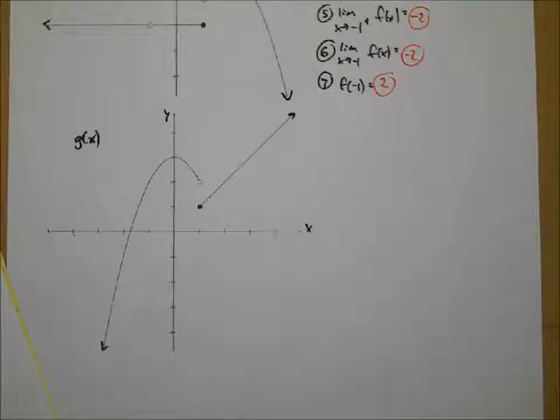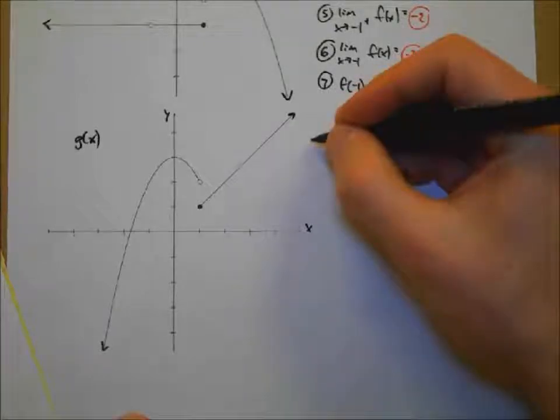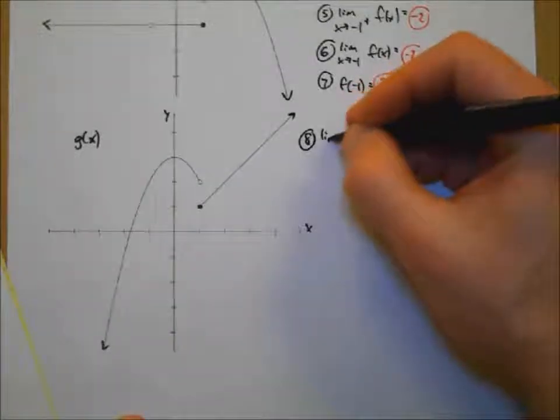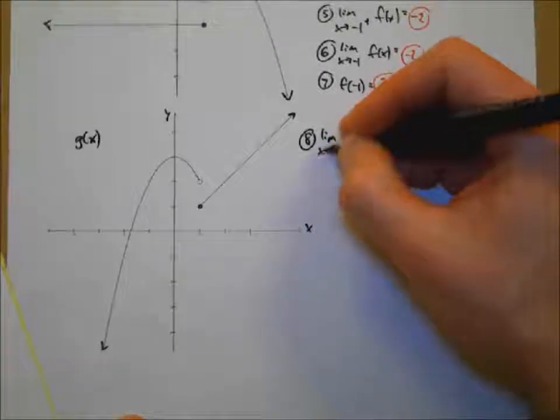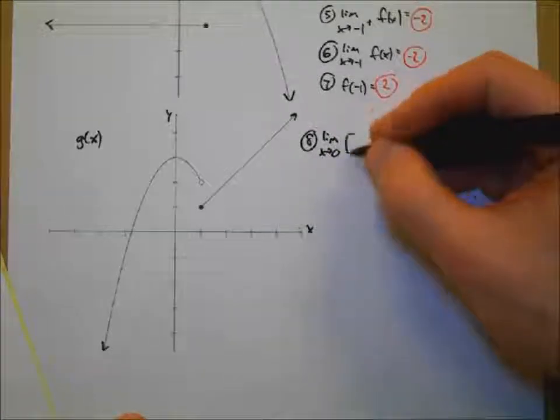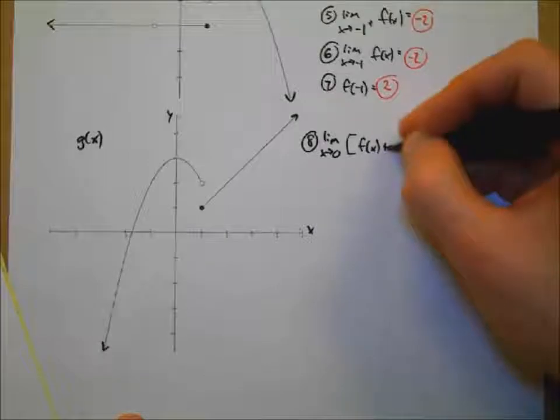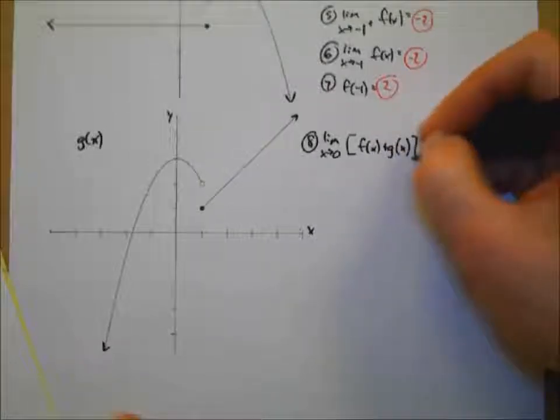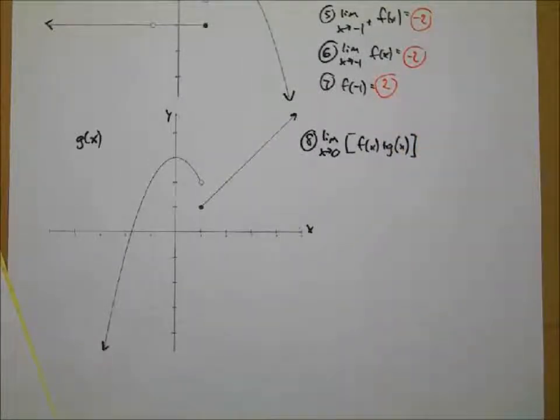So for example, if I wanted to, I could ask you to evaluate something like this. The limit as x approaches 0 of f of x plus g of x. Remember, I was talking about this with Julia earlier, right?